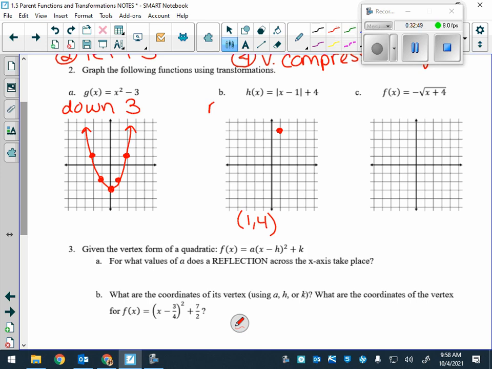For B. Be careful. Okay. Up 4. Eliza, what else happened? Right 1. Okay. And this is absolute value, so we could use our slope, which is what? 1.